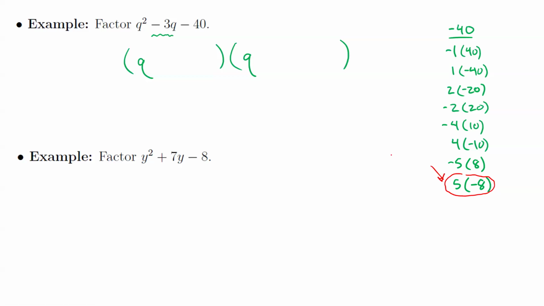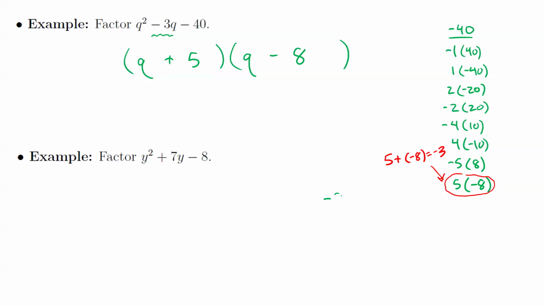So that's the one we want, because 5 plus -8 is -3. So plus 5 minus 8 is going to do the trick. All right.